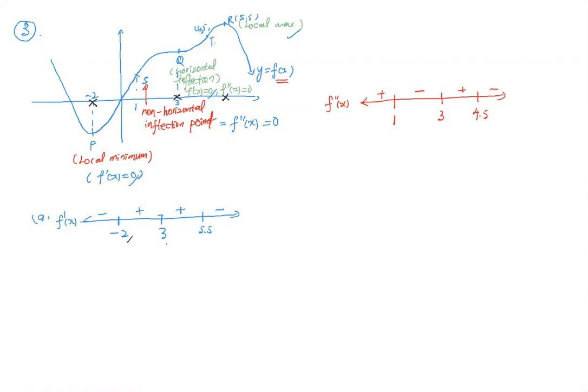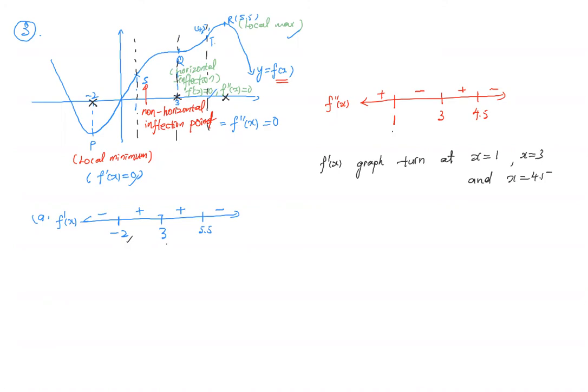The f prime x graph turns at x equal to 1, x equal to 3, and x equal to 4.5. So I will mark down 1. That is where it turns. 3, then 4.5.